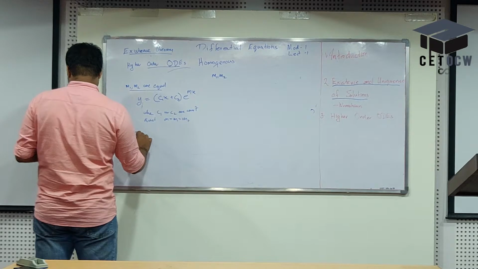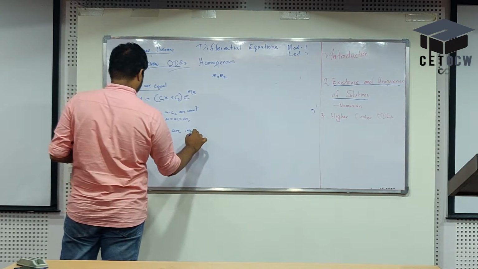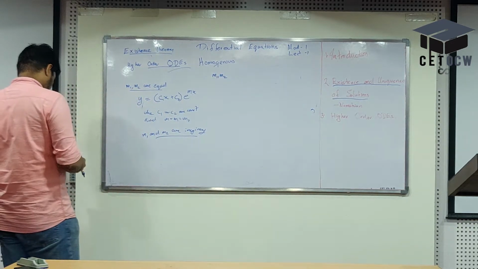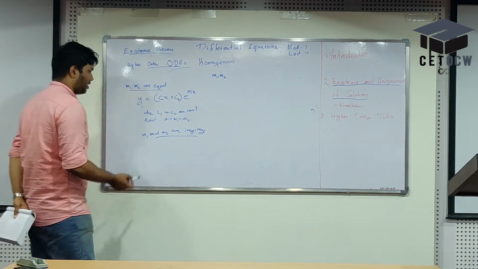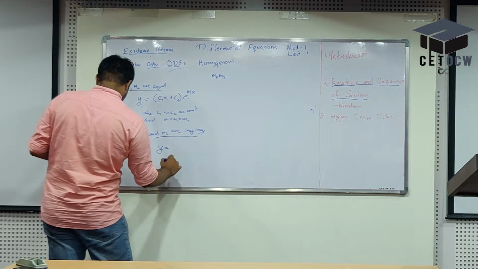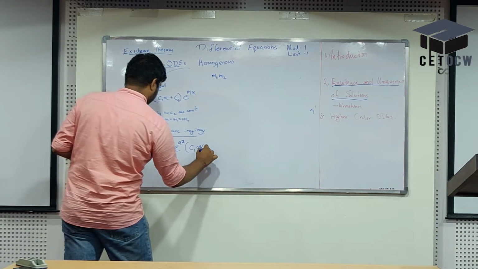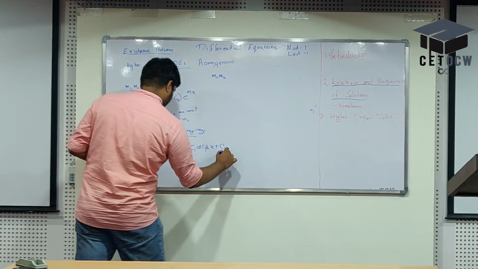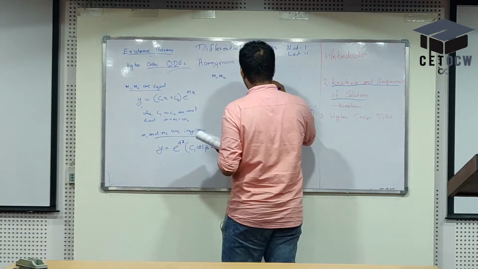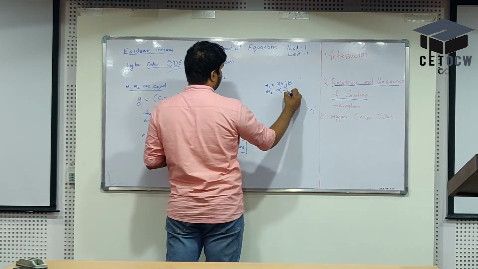Second case, when m1 and m2 are imaginary, or complex in nature, then the solution simplifies to y is equal to e^(alpha x) (c1 cos beta x plus c2 sin beta x), where m1 is equal to alpha plus j beta and m2 is equal to alpha minus j beta.